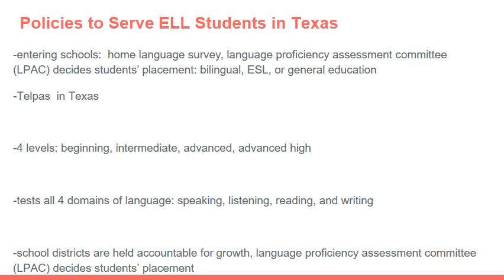Based on students' results, school districts are held accountable for whether students are going up 1 level in their proficiency. Also, based on students' results, the LPAC committee decides whether students will remain in either bilingual classes or ESL classes, or if students will be reclassified and they'll either go into an ESL classroom or a general education classroom based on students' performance.